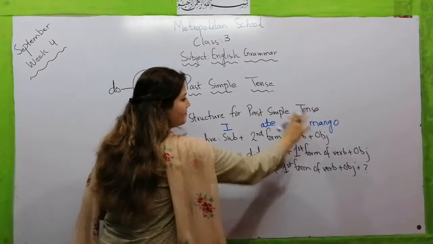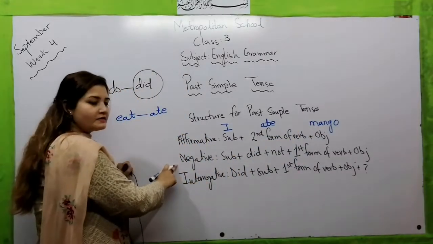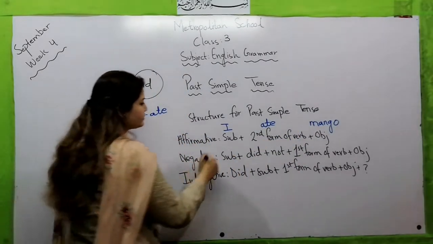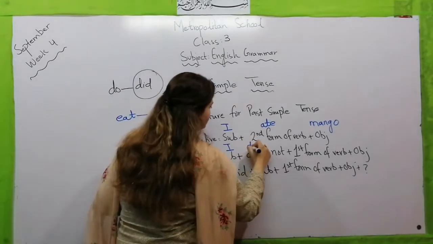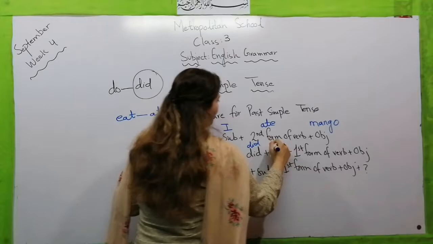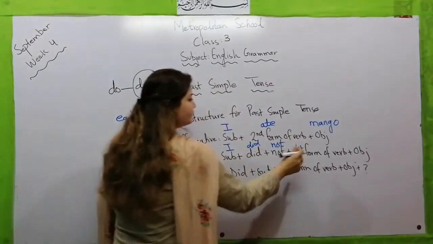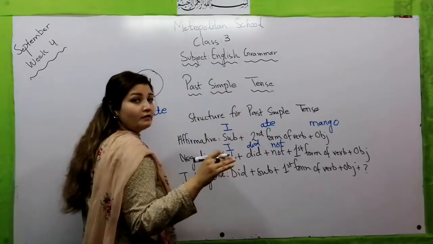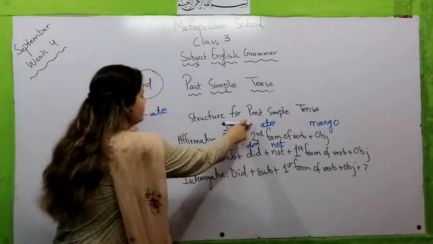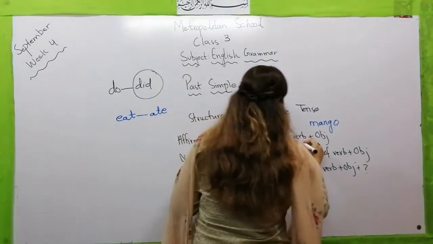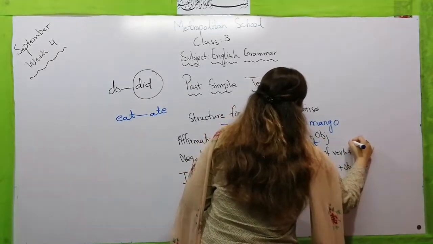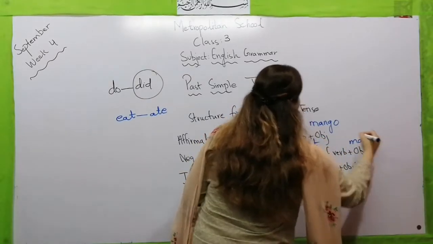I ate mango. Now in the negative sentence, what are we going to write? The subject I, same as did, same as not, and then the first form of verb. Now what will be the first form of this ate? This is eat. So we are going to write eat here. I did not eat, and then the object is mango.